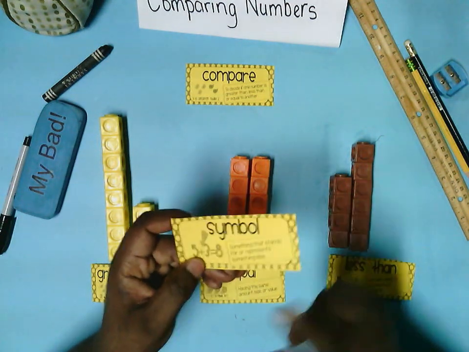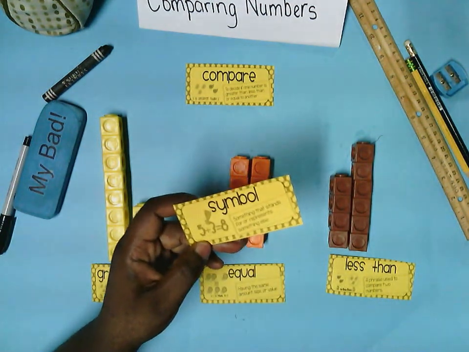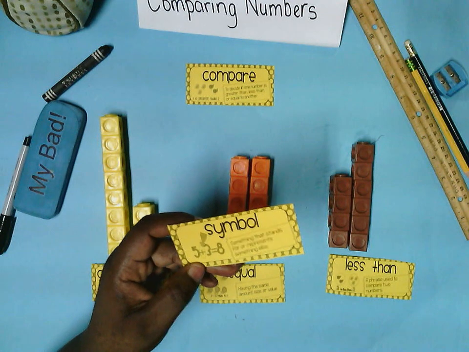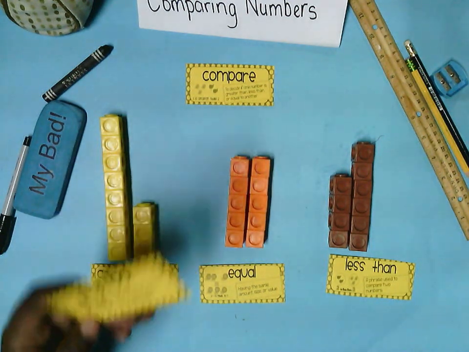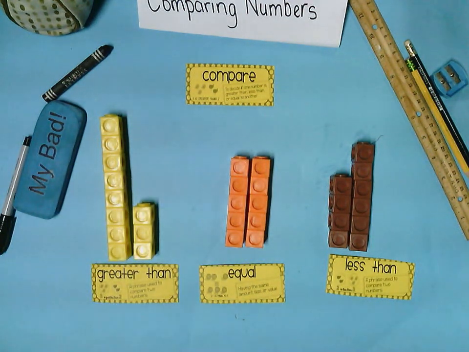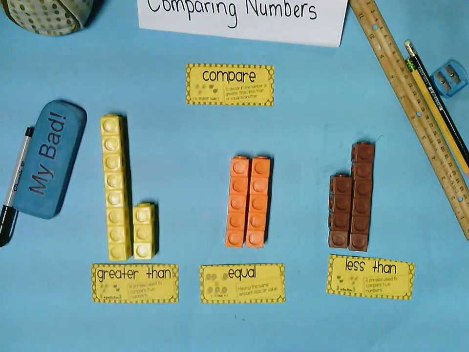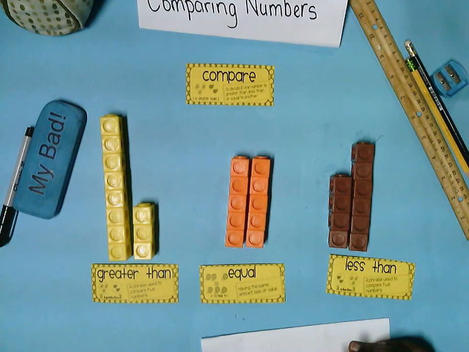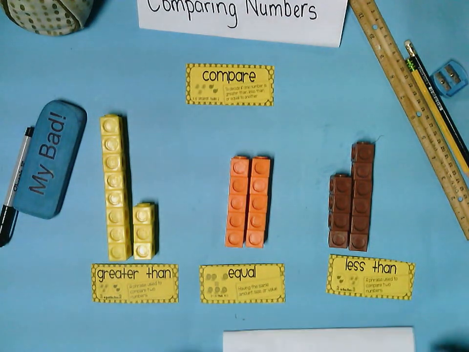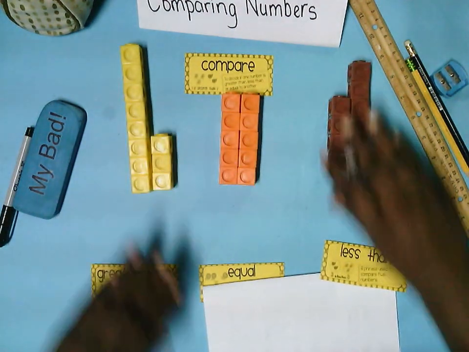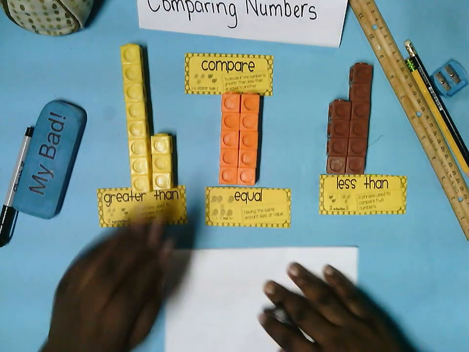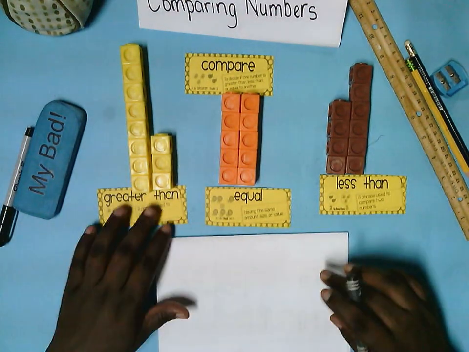For example, here in this picture, it shows us the addition sign. The addition sign is a symbol. But also, when we are comparing numbers, we also have symbols. Remember when I read the poem about Al the hungry alligator? Well, let's slide these up so that we can look at the symbol.